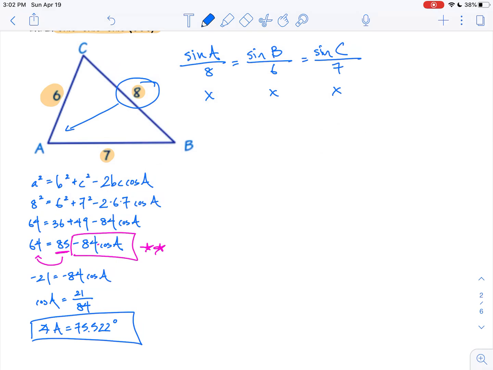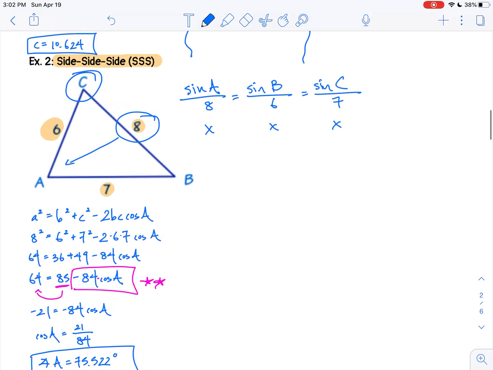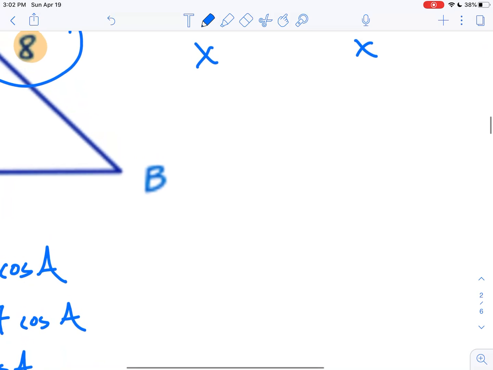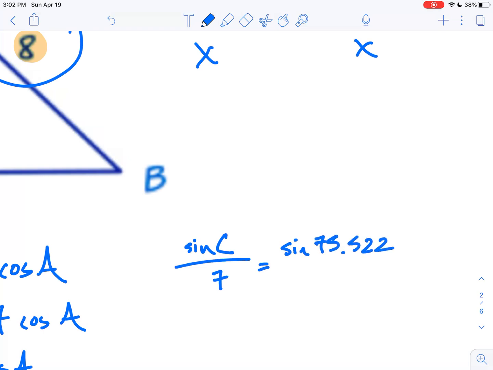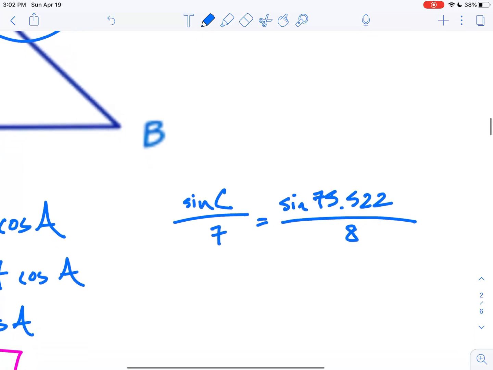Okay, so we can use law of sines to figure out a different angle. So I'm going to find angle C now, all right? So I've got sine C over 7 equals sine of 75.522 over 8.